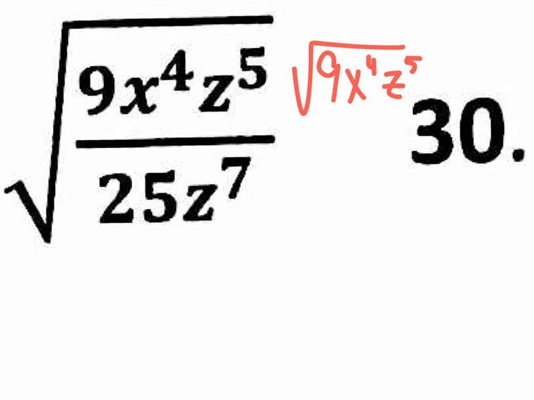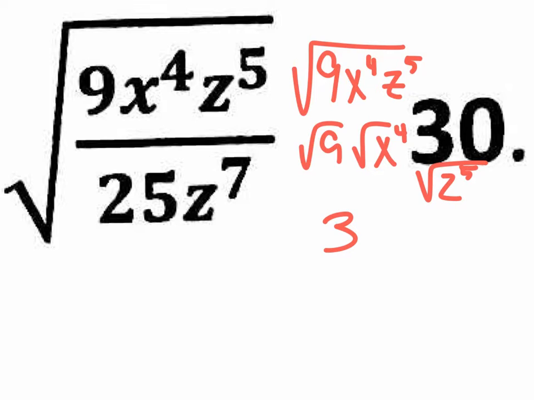And if you split the square root to each one of those, the square root of 9 is 3. What's the square root of x to the 4th? X squared, because if you write it as a rational exponent, it'll become x to the 4 over 2 power. And 4 over 2 is 2. And then z to the 5th.